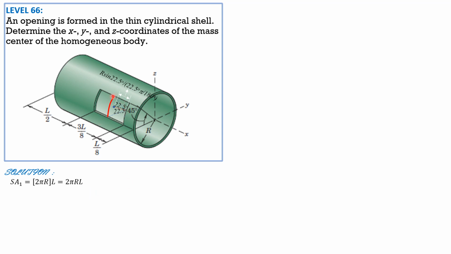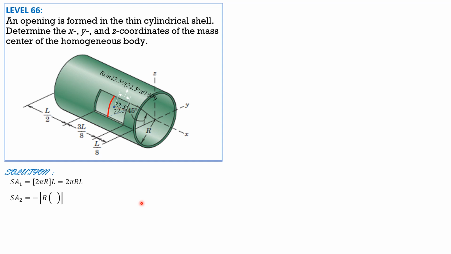Same is true with this. This is the length and this is supposedly the width or height of the rectangle, which is curved, and it is radius times central angle in radians, then times length in that direction, which is 3/8 of L, and it is treated negative because it is an opening.